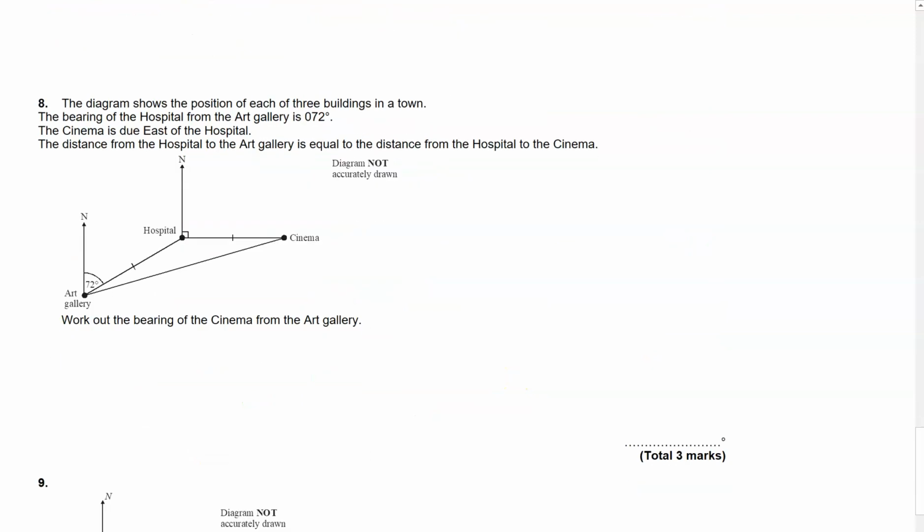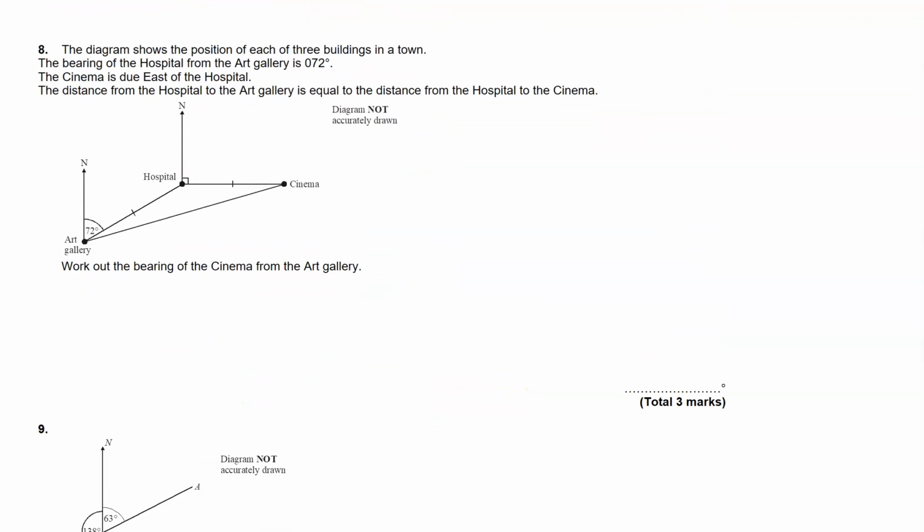Right, number 8. The diagram shows the position of 3 buildings in a town. Bearings are always measured from north and should go clockwise, never anti-clockwise. So the bearing of the hospital from the art gallery is 72, that's that one there.